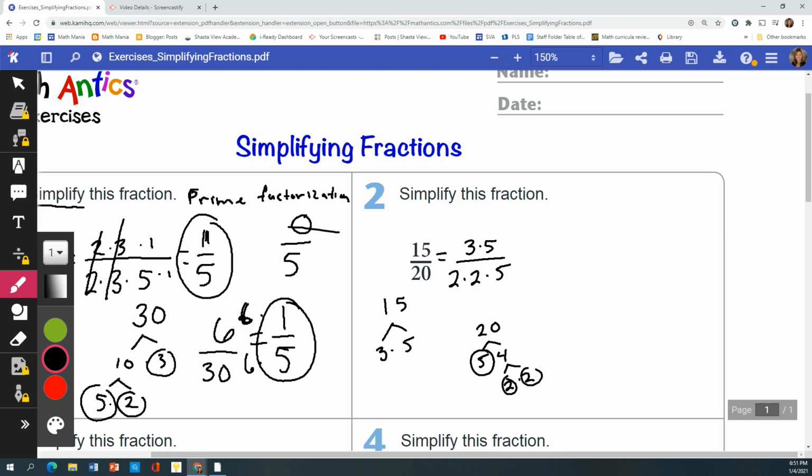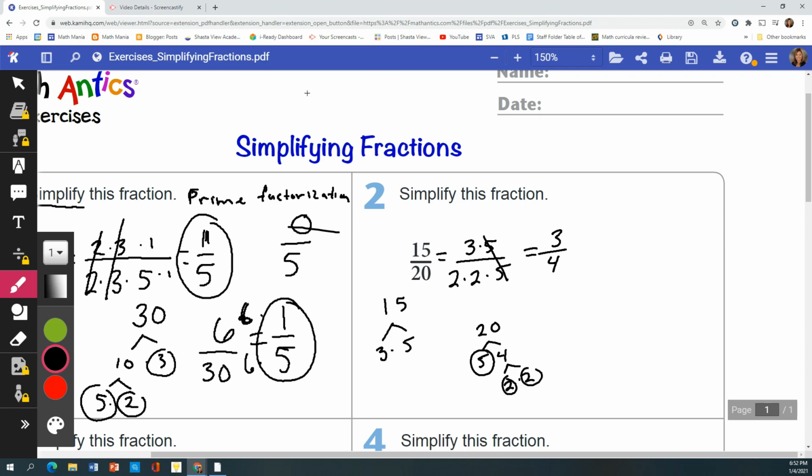That's how we know it's correct. And we're going to cross out things that we have in common. I can see I have that 5 in common, so that's done. Now I'm going to just write down what's left. 2 times 2 is 4. So they're saying that 15/20 is the same as 3/4.